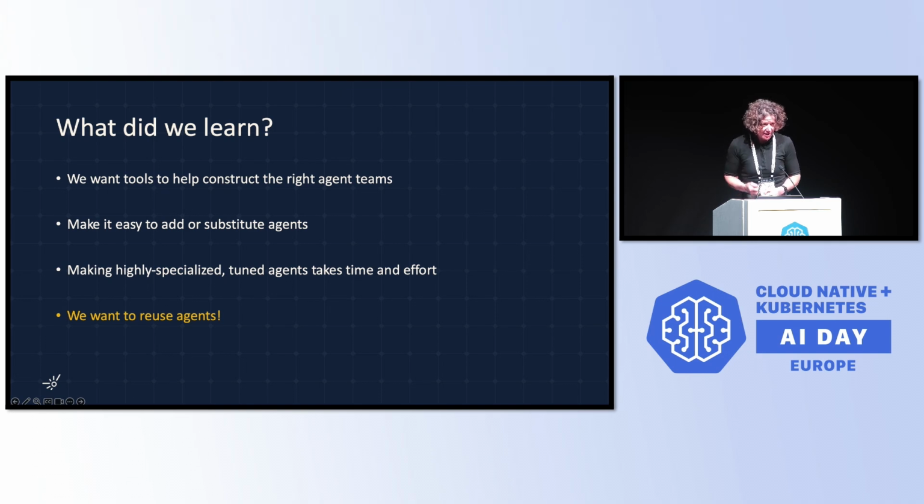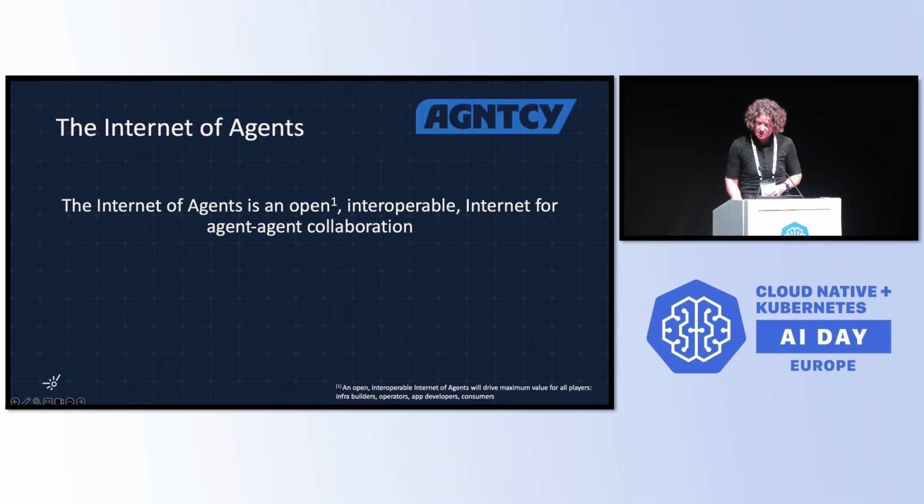If we could pick up agents off the shelf where someone else had already done the specialization and tuning, that would give us a huge benefit, especially if they'd already created a consortium or small group of agents that could achieve a task really well. Like a code review agent team that was really good at reviewing Terraform code, which we could publish and share with other people. So net out, we really would like to be able to reuse agents. And this is how we ended up here.